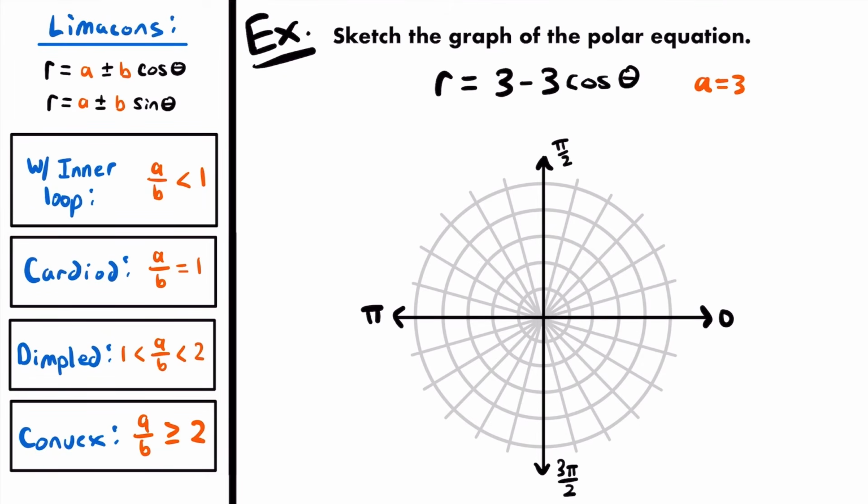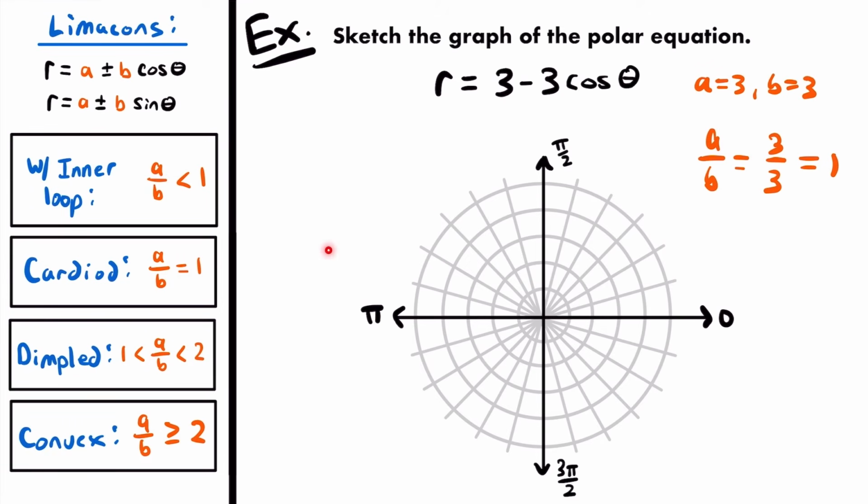So a is 3 and b is 3. And then remember, in order to identify which type of limacon we are working with, we need to take a divided by b and see what that value is. In this case, a divided by b is equal to 3 divided by 3, which is equal to 1. And so that means that we are working with a cardioid. That is when a divided by b is equal to 1.